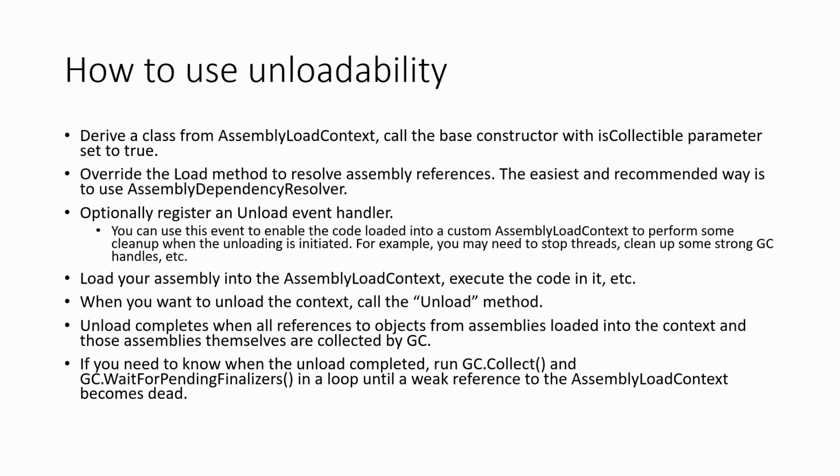You would probably want to loop for some number of times, and if it didn't work for, I don't know, 10 or 100 iterations, then you can be sure that something is wrong and the unload failed, and then you have to debug why it happened.